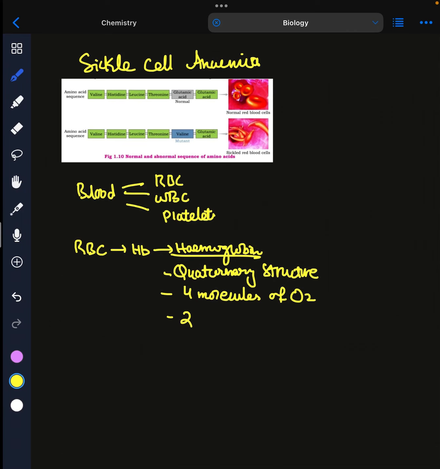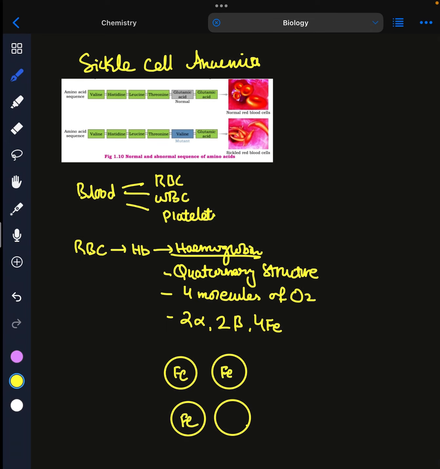It has two alpha chains and two beta chains and four iron. If I draw the structure of hemoglobin, it's something like this.